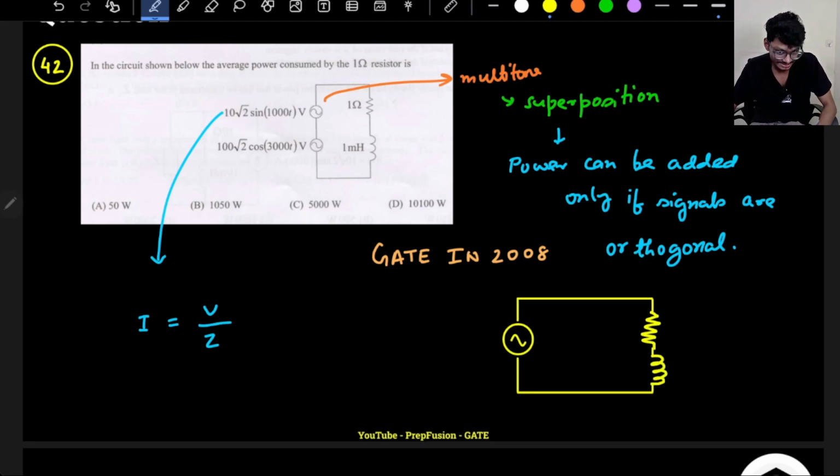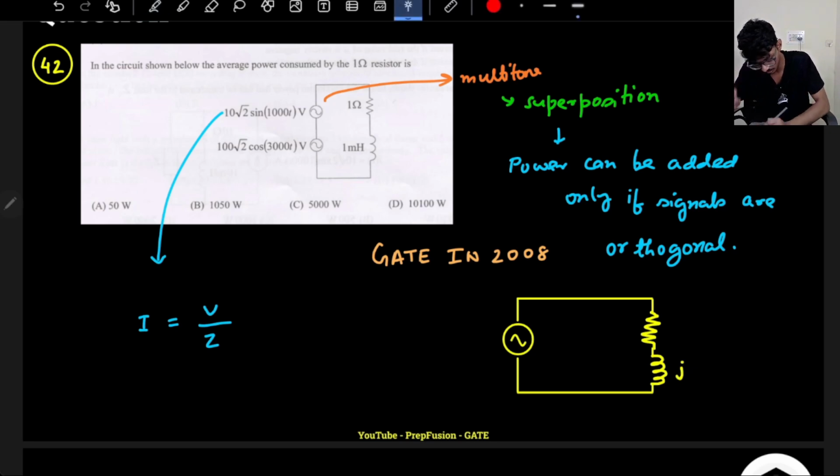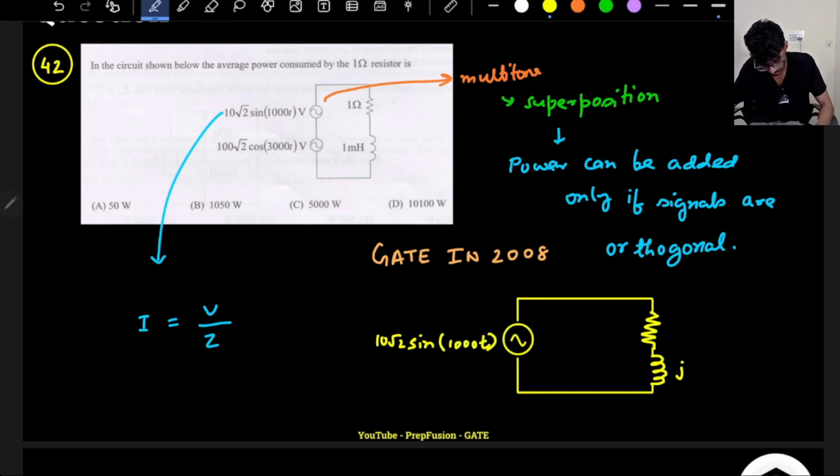XL is here 1 millihenry, so this will be basically J omega L. Omega in this case, for the first frequency I am only taking, so right now I am considering the first source, 10 under root 2 sine 1000t. So omega is 1000, L is 1 millihenry, so it will be 10 raised to power minus 3.